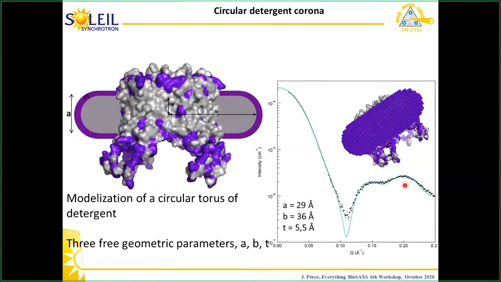We can reproduce the position of the two maxima and the position of the minima, and this with only three free geometric parameters, which were the total thickness of the corona, its width, and the thickness here, T, of the hydrophilic part.